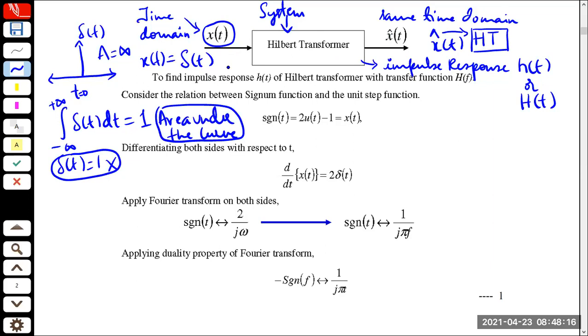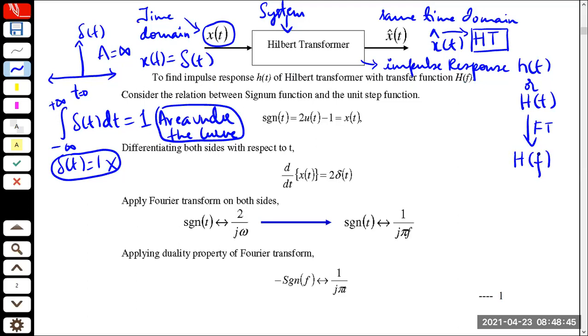Okay, now let's try to find the impulse response h of t of the Hilbert transformer with transfer function h of f. This impulse response is right now in the time domain, and if I apply Fourier transform onto this, I'll end up with the transfer function, which I'll call h of f.